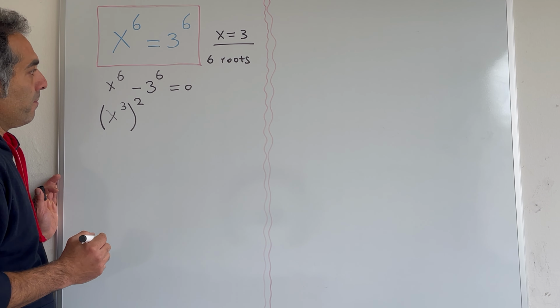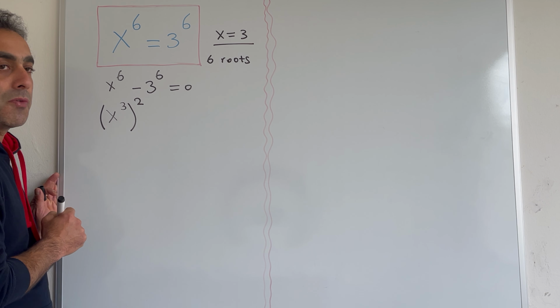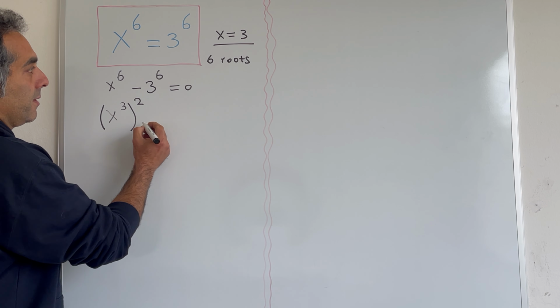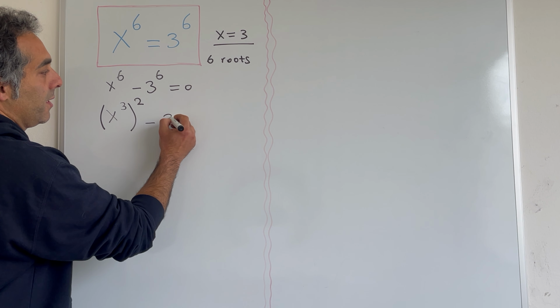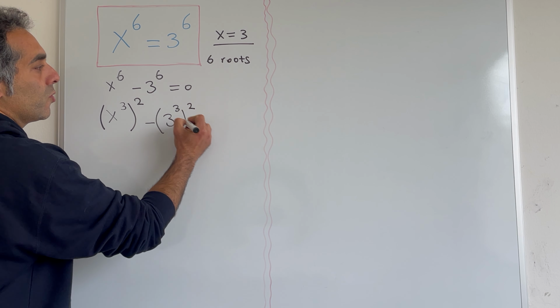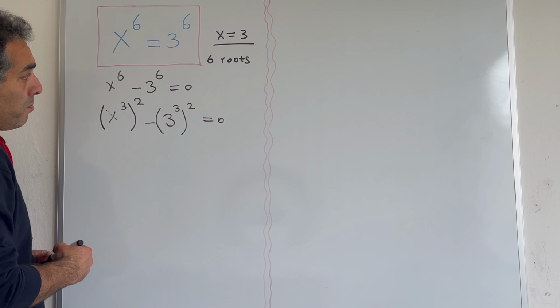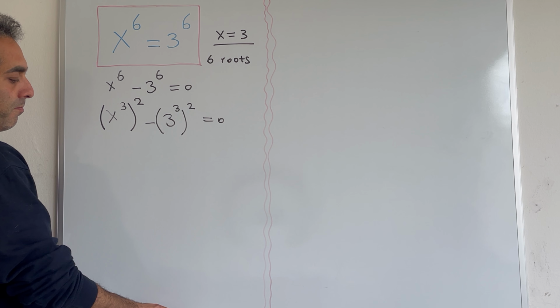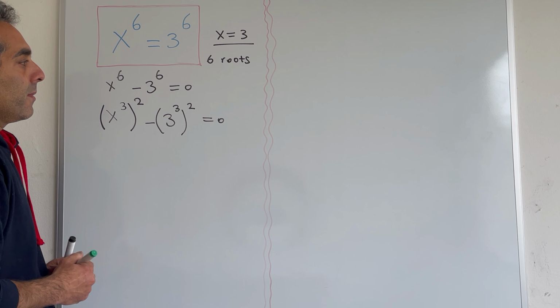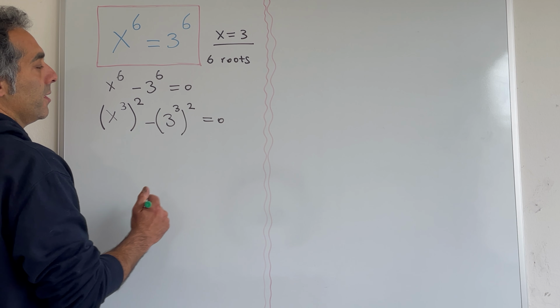Based on the exponential properties, you just multiply the powers and it's 6. Minus again for this one, 3 cubed squared equals 0.